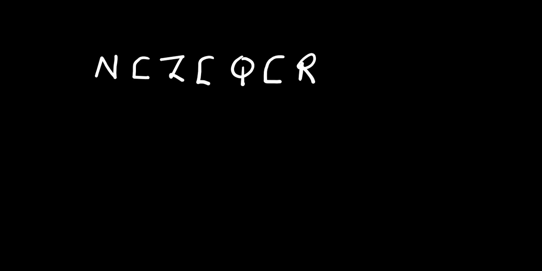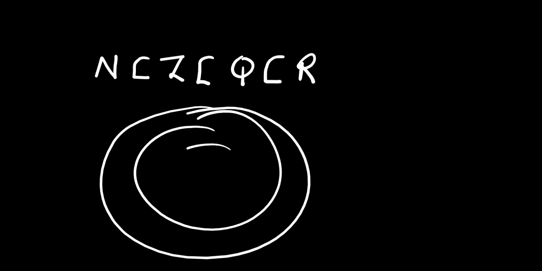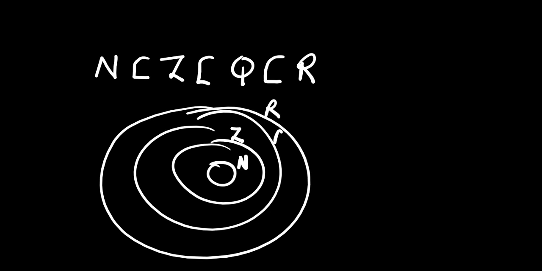So if you're going to draw this, these will be your natural numbers, these will be your integers, then these will be your rational numbers, then these will be your real numbers. So that is very, very important for you to know.